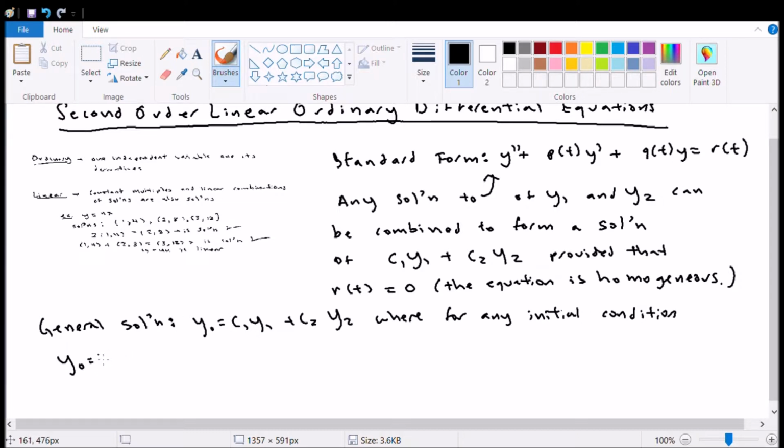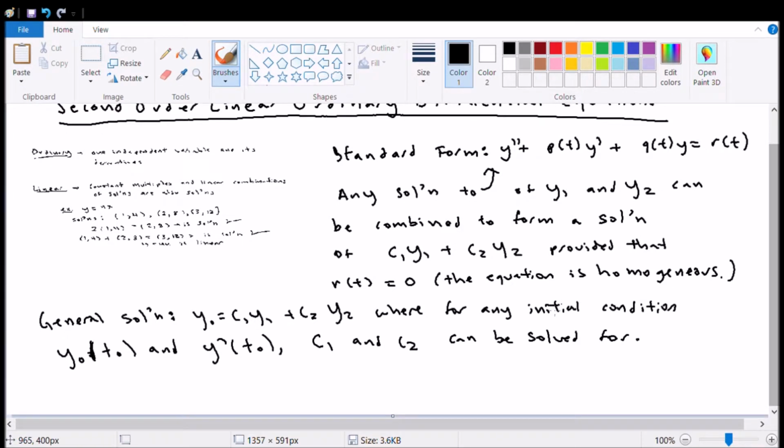But then when you differentiate your general solution and you substitute that same initial time in, you can solve for C2. So basically, if you're given an initial time, then you should be able to take that time, substitute that into the general solution, substitute that into the derivative of the general solution, and solve for C1 and C2. So if you can't solve for C1 and C2, given that initial time and that solution that you have, then it's not a general solution.